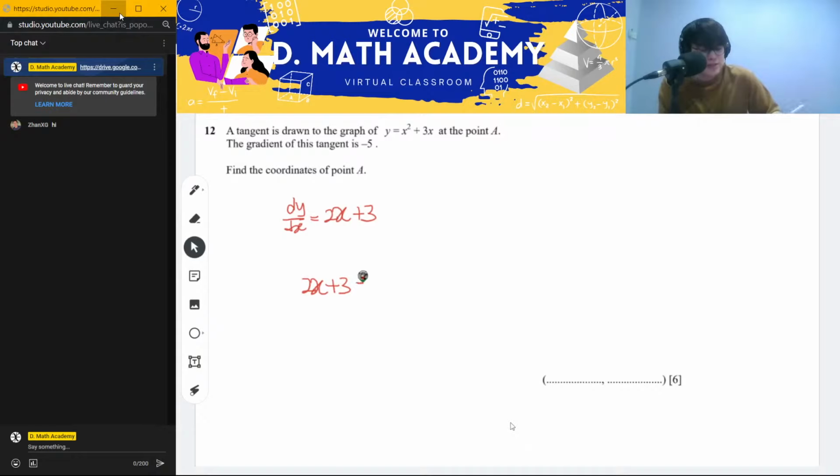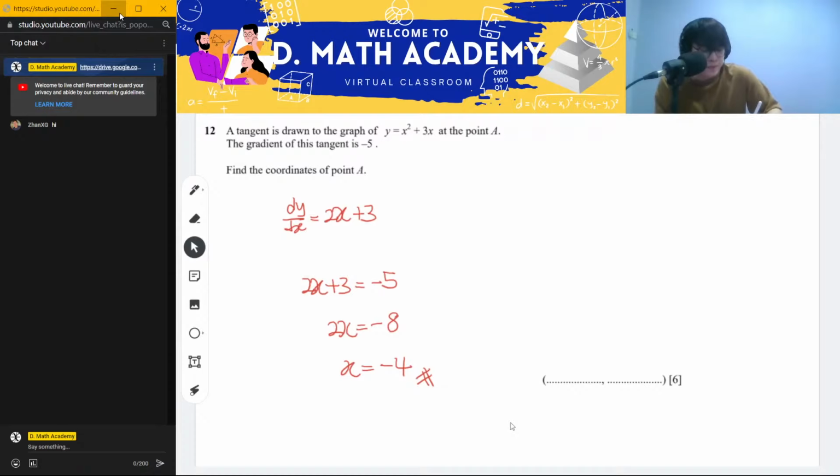Then they said that the gradient happens to be -5. They want you to substitute this -5 into your dy dx. When you adjust it accordingly, you will get your x as -4 at the end. This helps you identify your point A here.